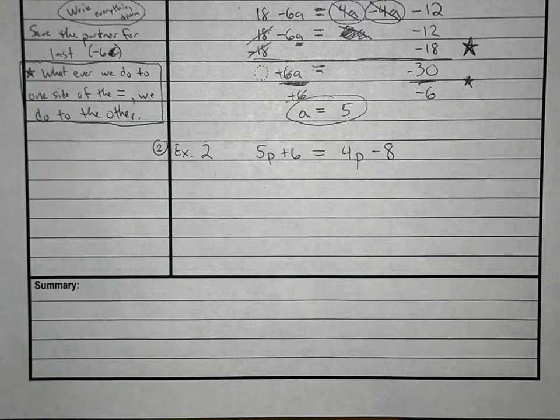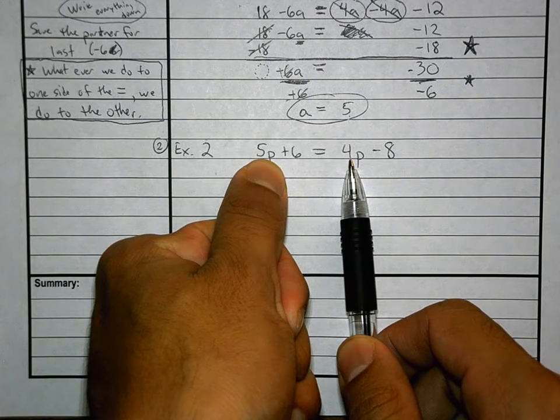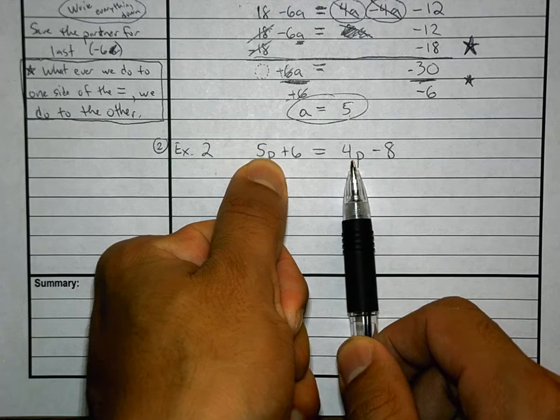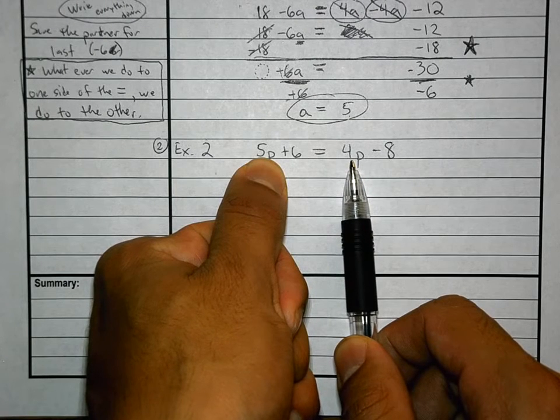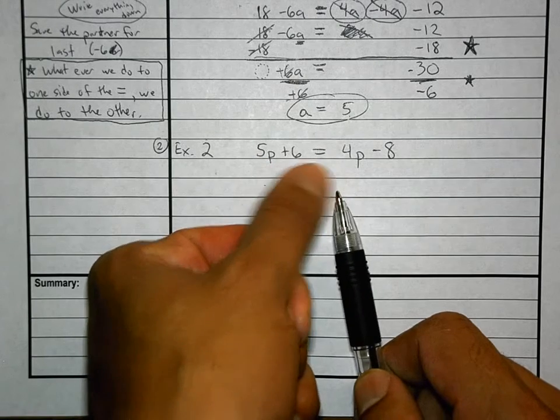Are these p's, the 4p's, on the same side as the 5p's? So these two things are on opposite sides of each other, aren't they? And you're going to have to make a decision. Do I want to move the 5p this way or the 4p this way?